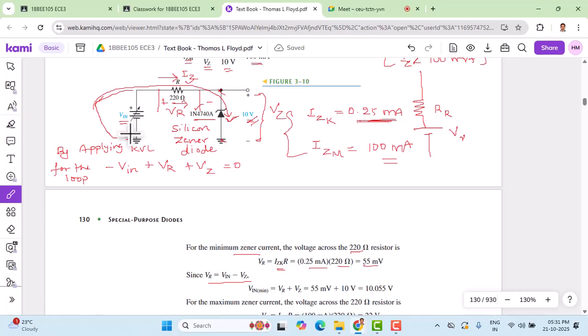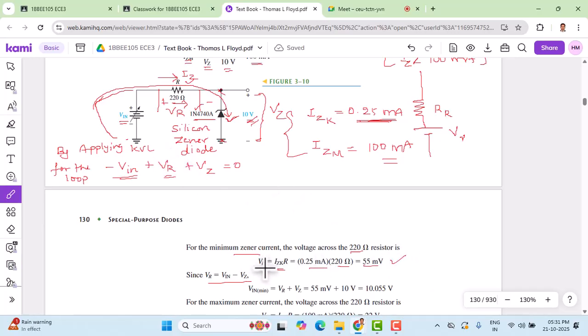In this way we get minus Vin, which is already shown here, plus VR, plus VZ, which is 10 volts. Of course, we have taken the general value VZ. Then we modify this equation, because I consider here the minimum Zener current with which we have done the calculation.